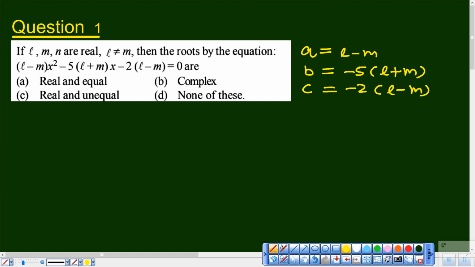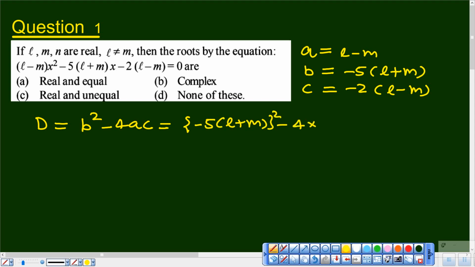If I check the discriminant to confirm the nature of the roots, d is equal to b square minus 4ac. So that is going to be minus 5 l plus m whole square minus 4 into a, which is l minus m, and c, which is minus 2 l minus m.